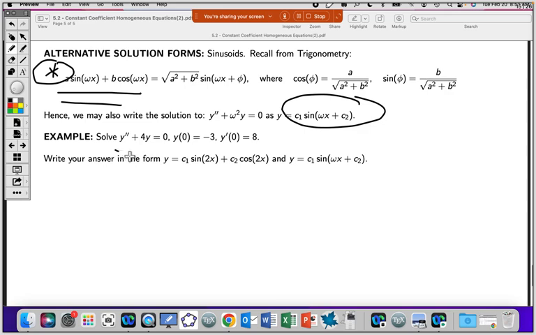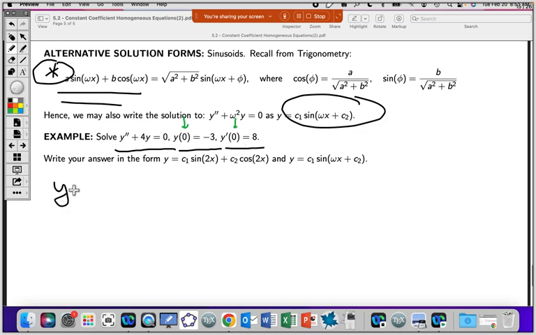Solve y double prime plus 4y is 0, y at 0 is negative 3, y prime at 0 is 8. Once again, we identify this as an initial value problem, because they're giving us a point when x is 0 and they're giving us the slope at the same x equals 0.